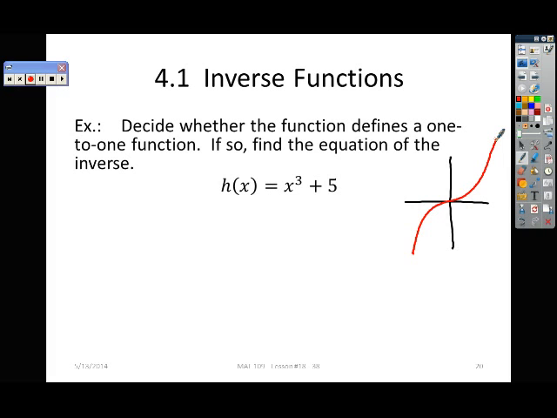Passes the vertical line test, passes the horizontal line test. What does adding 5 outside do to that? It moves it up by 5 units. Therefore, it's still a one-to-one function. Therefore, this does have an inverse.